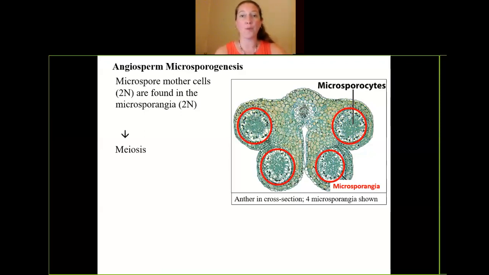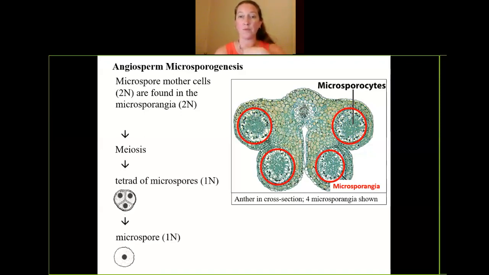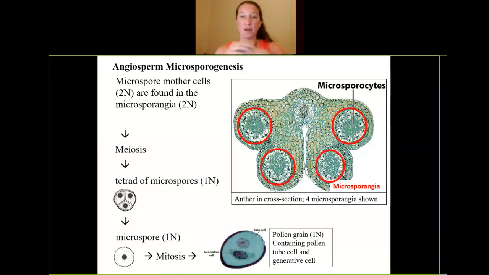Those are going to undergo meiosis to make your spores, your microspores. And then, like we talked about in the gymnosperms, the microspores are going to undergo mitosis to end up having a total of 2 cells inside. Once that happens, we call it a pollen grain.